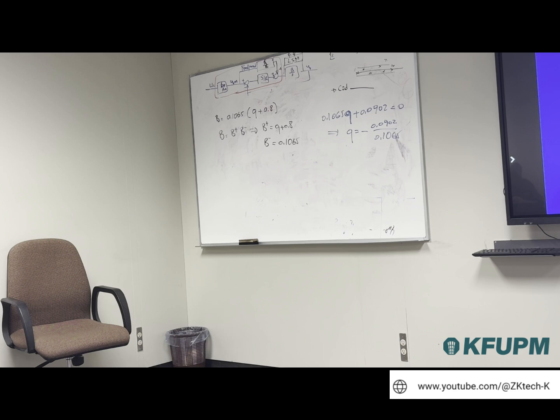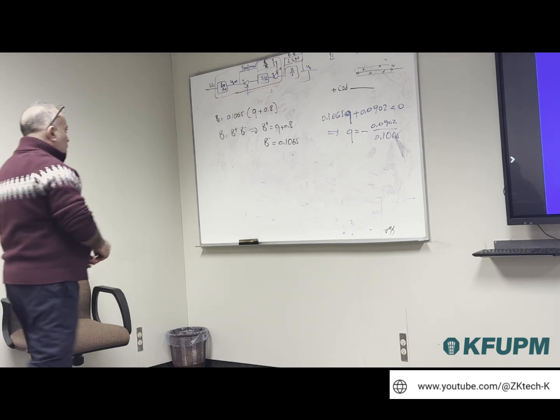Monic polynomial means the highest degree coefficient is 1. I don't have a problem with how we write it. Is it 1 plus 0.8 Q minus 1, or Q plus 0.8? At this level, Q plus 0.8 is fine. You don't have to write it as a function of Q minus 1.